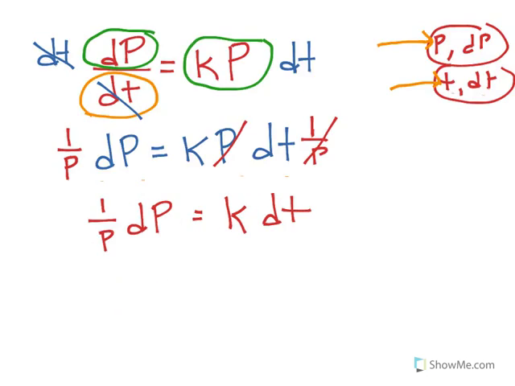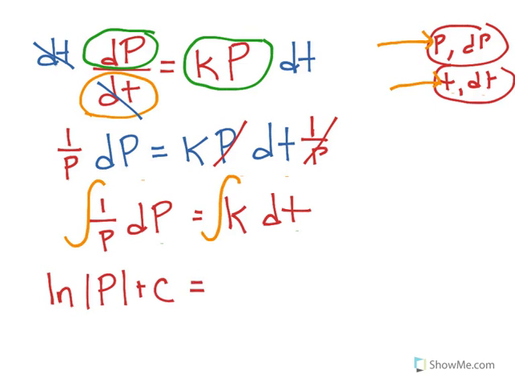So what I'm going to do next is integrate both sides. The key here is I'm integrating the left side based on p, and I'm integrating the right side based on t. So what's the integral of 1 over something? That happens to be the ln of the absolute value of that something plus c. There are no numbers in here, that's why we have to add that in.